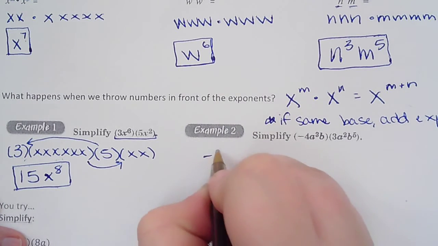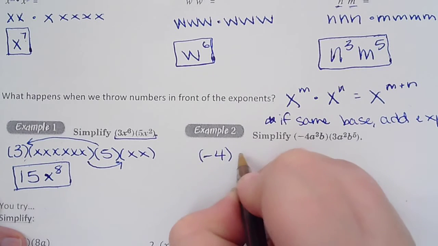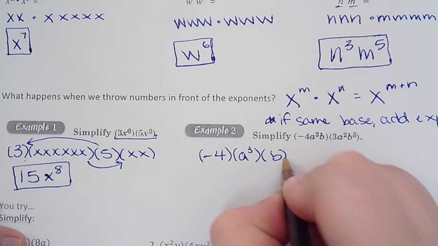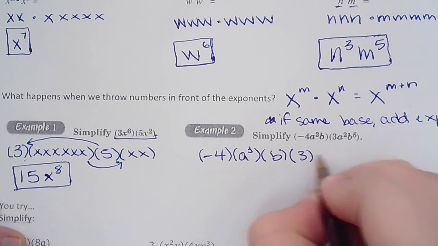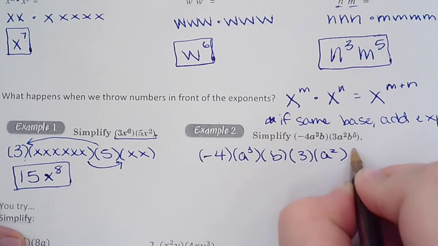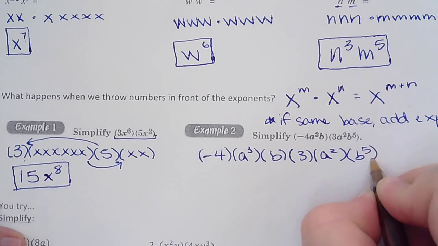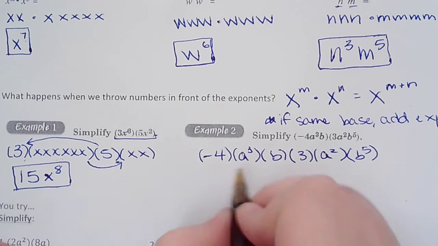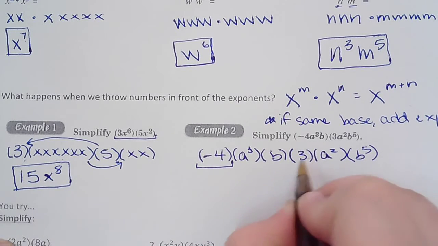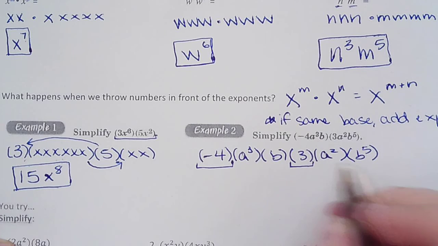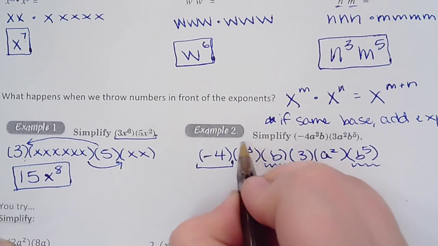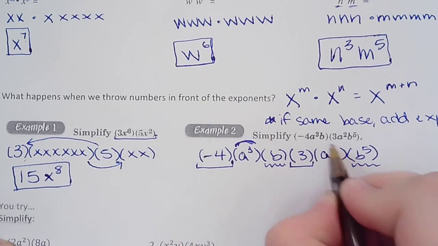This one, I'm going to write it out the same way, but I'm not going to do it quite as much. I'm just going to say negative 4, a to the 3, b, times 3, a squared, b to the 5. Again, I want to group those like terms. So I want to group the negative 4 and the 3, and then I'm going to add the b and the b, and then finally, I'm left with the a's.